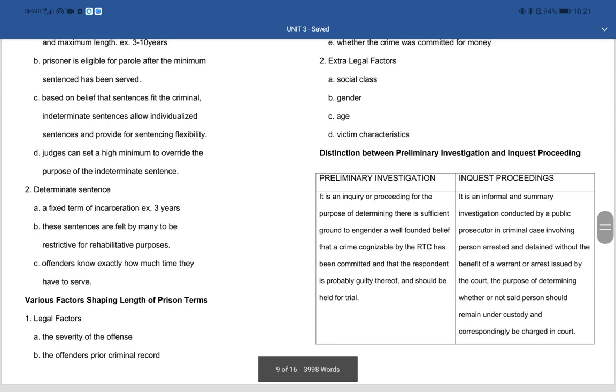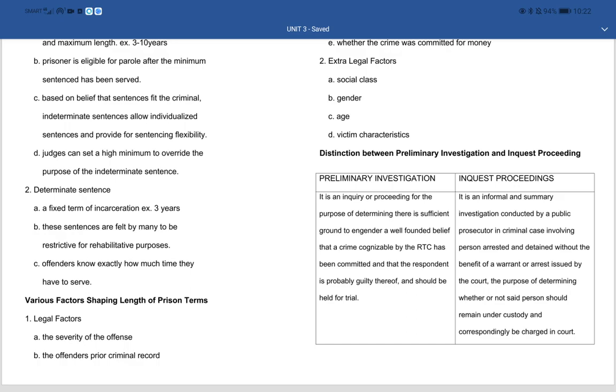Now, this is the most important thing to remember in this unit, because preliminary investigation and inquest proceeding are the most important things that we can understand. Preliminary investigation is an inquiry or proceeding for the purpose of determining whether there is sufficient ground to engender a well-founded belief that a crime cognizable by the RTC or the Regional Trial Court has been committed and that the respondent is probably guilty thereof and should be held for trial.